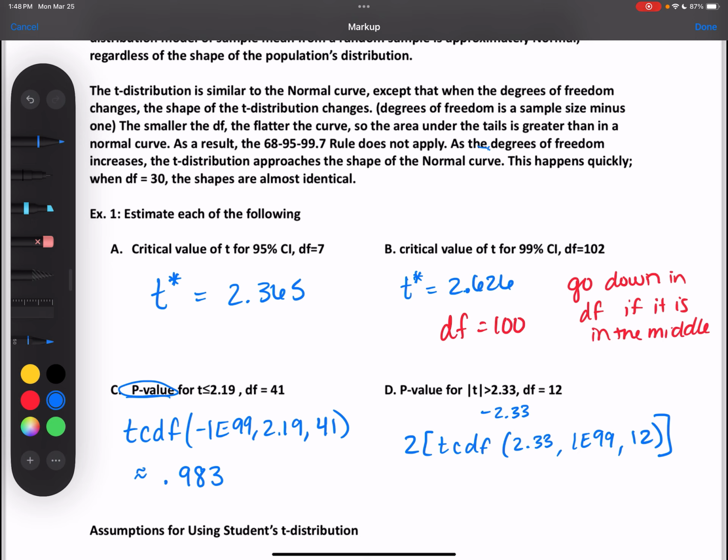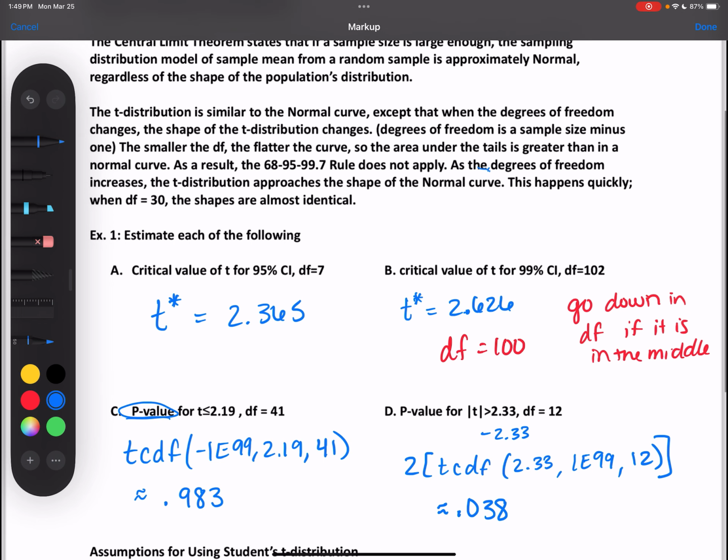So we're accounting for both by multiplying the whole thing by 2. So when I do that, I get approximately 0.038 as my p-value.